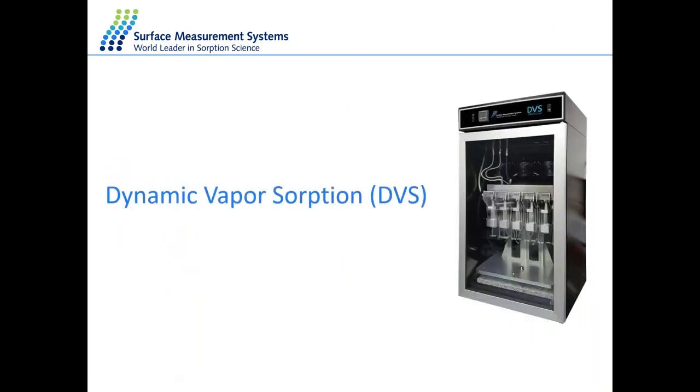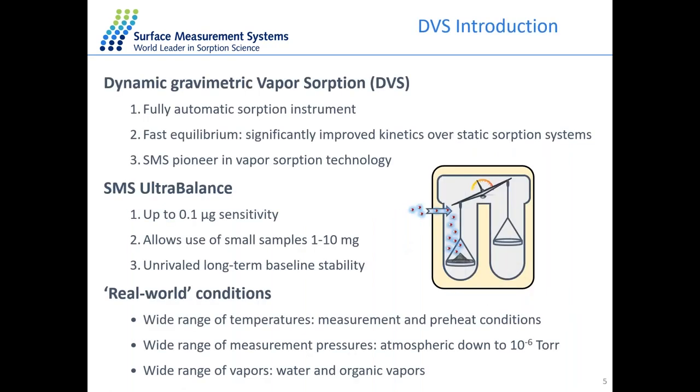First, let's talk about dynamic vapor sorption, which is basically a gravimetric method to measure the change of mass of the sample at different concentrations of moisture or organic vapor. The system is based on a really sensitive balance with a resolution of 0.1 microgram. So we only need a very small amount of sample for the analysis, typically around 10 to 20 milligrams, depending on the uptake of different samples.